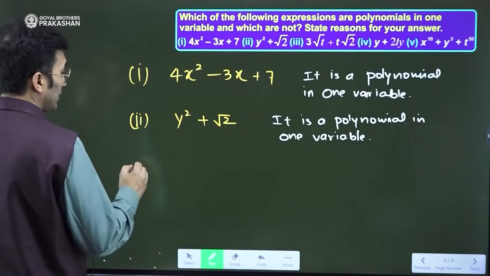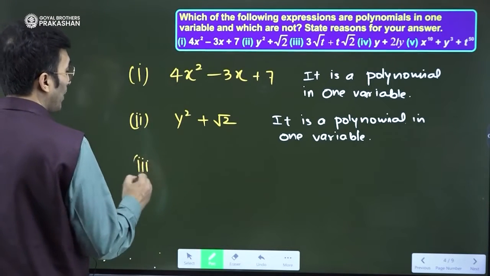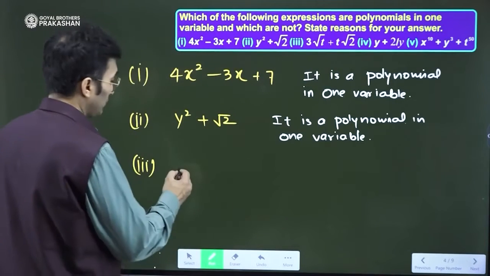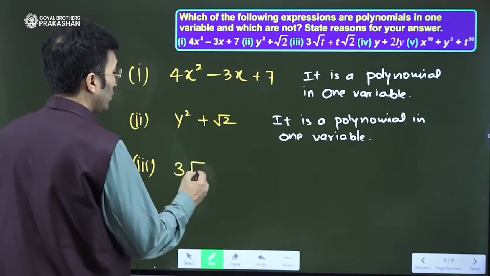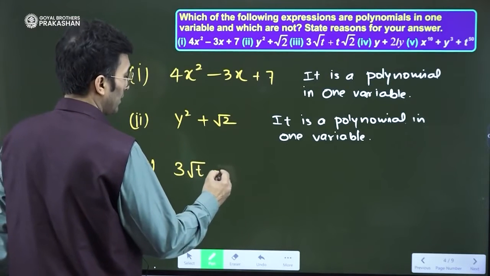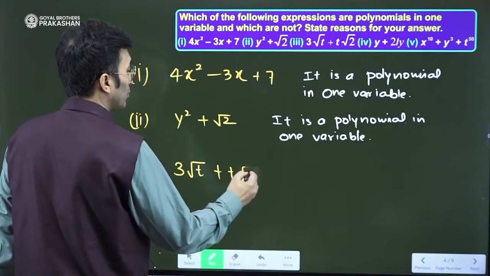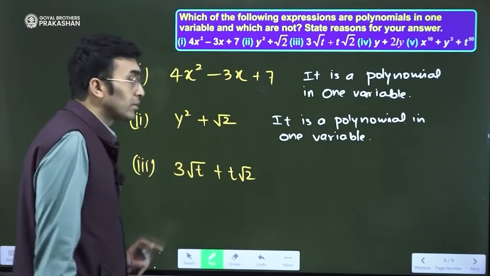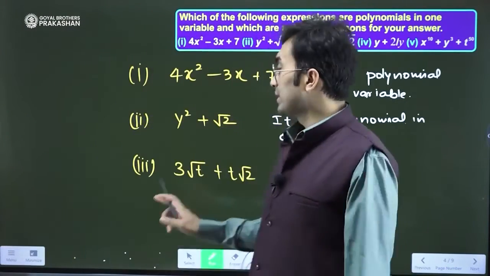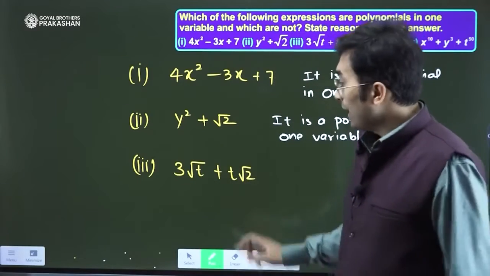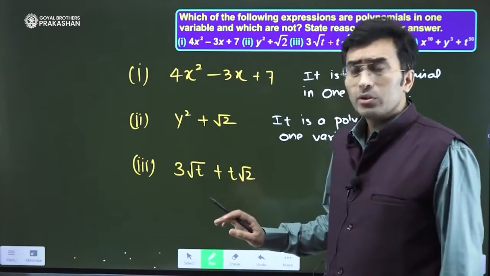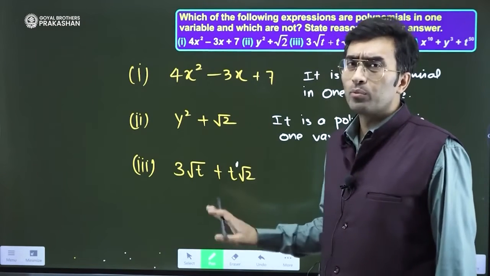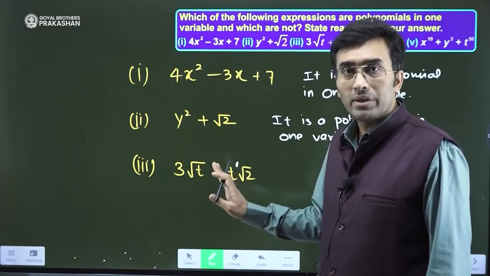Now we can move to the third part of the question. In the third part, the expression is 3 root t plus t root 2. This question contains two terms, one is root t and one is t. If I see this t, the power is 1, so there is no problem with this t because the power is a whole number.